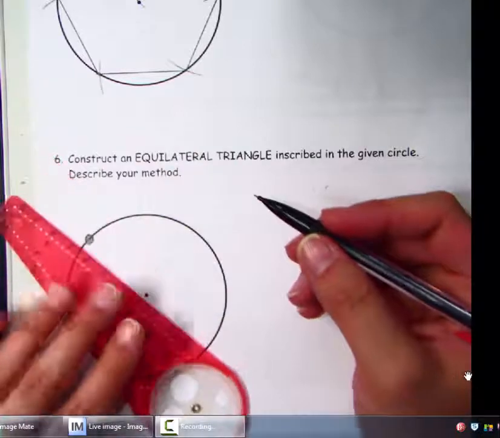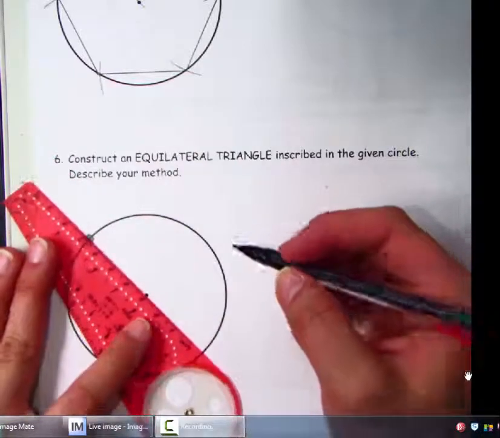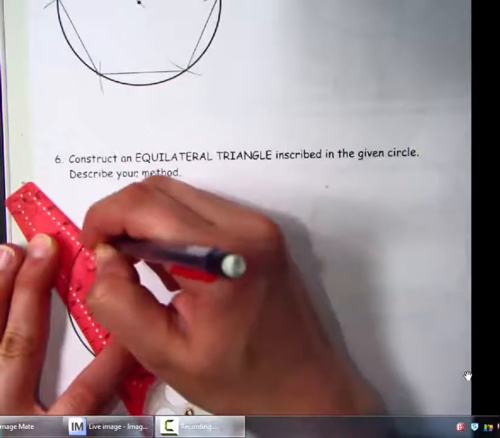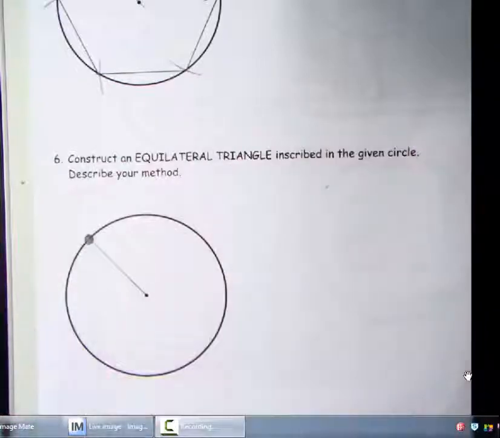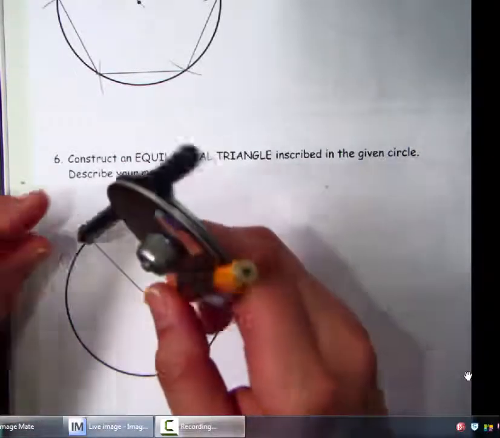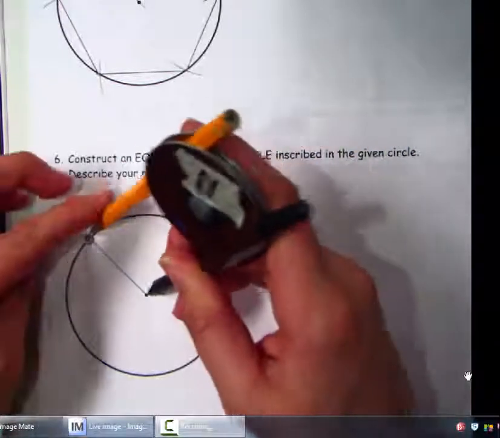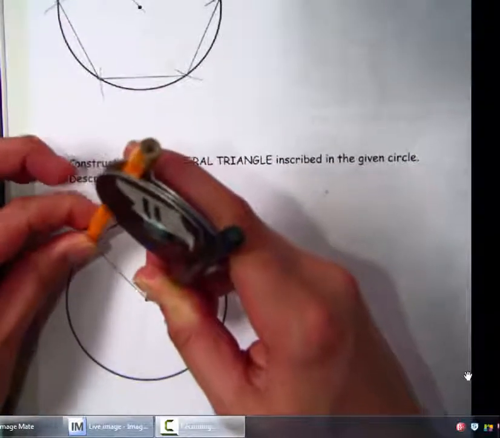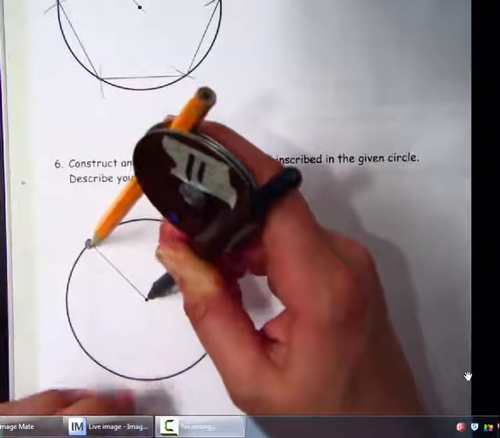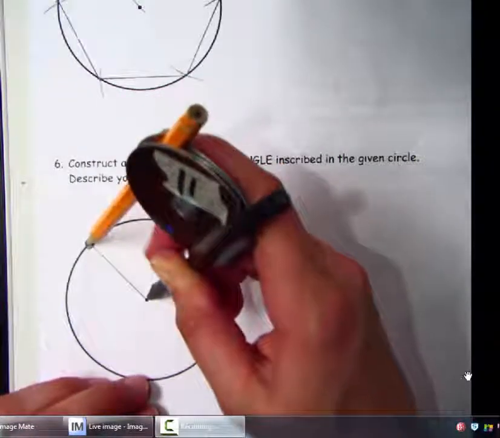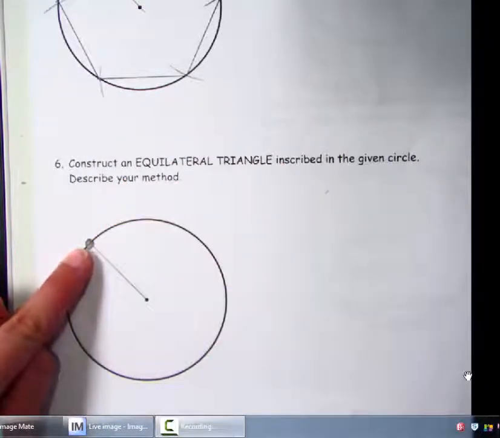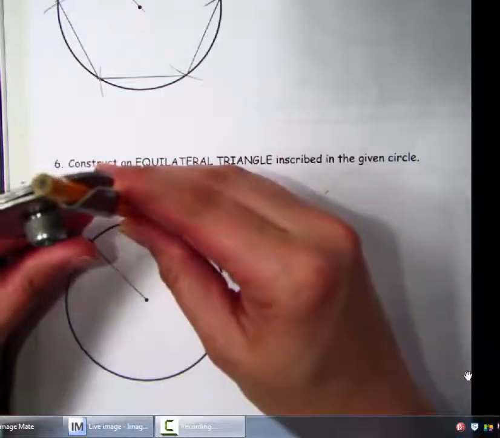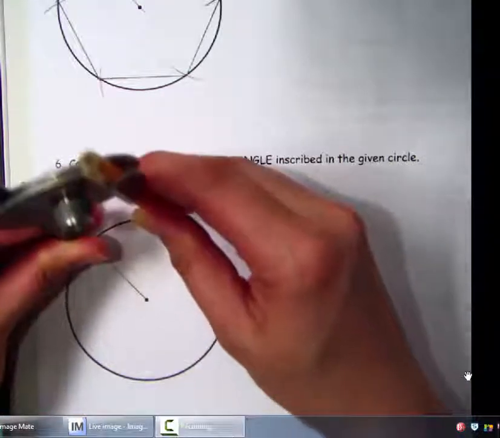Draw in a radius. Measure your radius. And now off of that vertex, you're going to do a sort of windmill around 6 times.